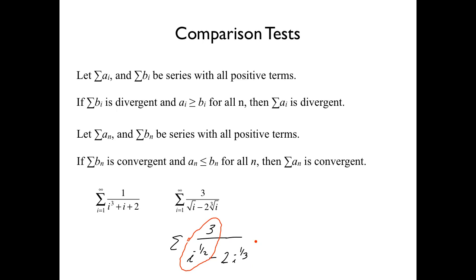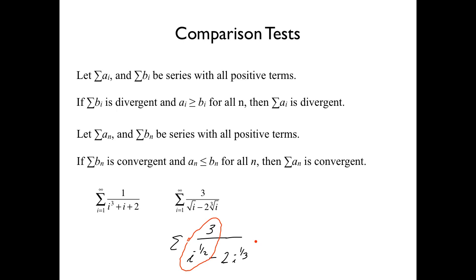And the series I circled in red was, what was that? Diverges, right? So what about ours? It diverges because it's even bigger, right? So all the terms are even bigger than the divergent p-series, 3 over i to the 1/2. Does that make sense? So we're comparing it to a divergent series.